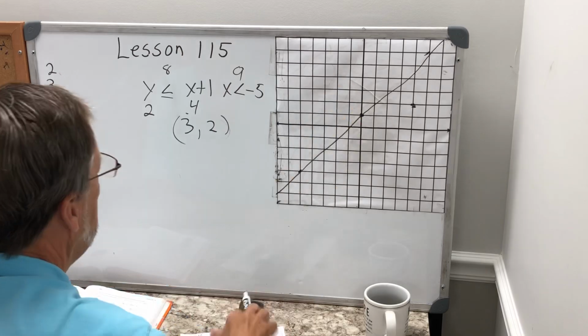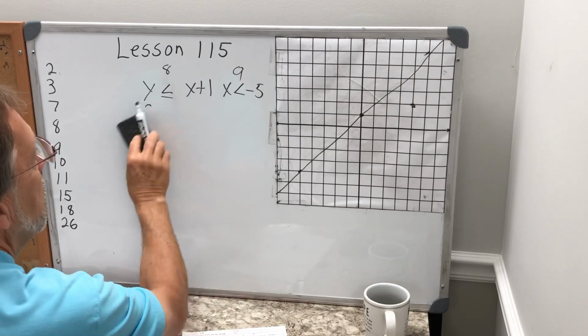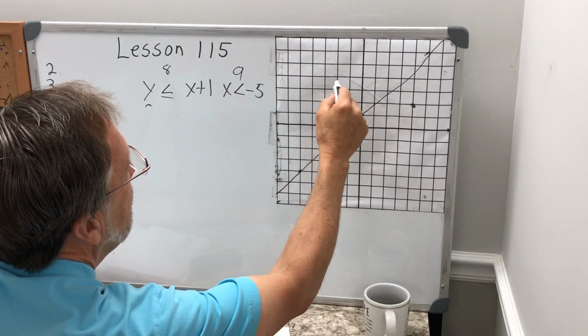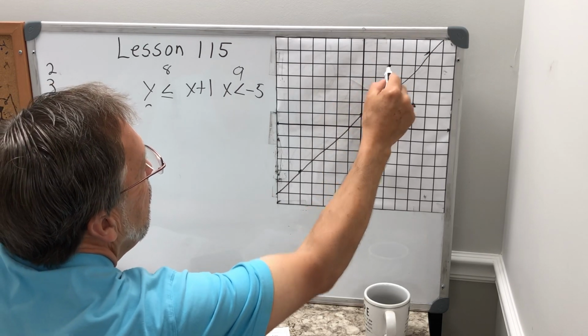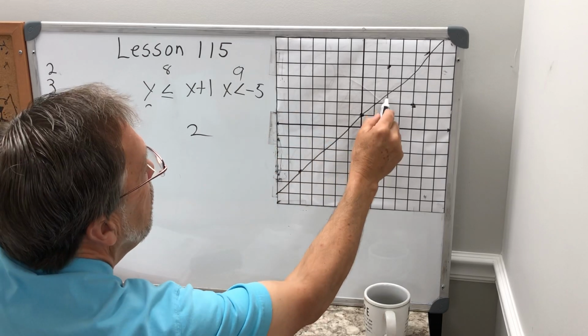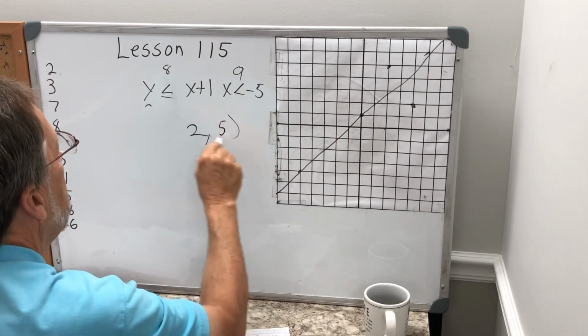Let's try it on this side. We'll just try this up in here. Let's pick out something so you understand it. Oh, let's try this right here. So I have 2 on the x line and 1, 2, 3, 4, 5 on the y line.